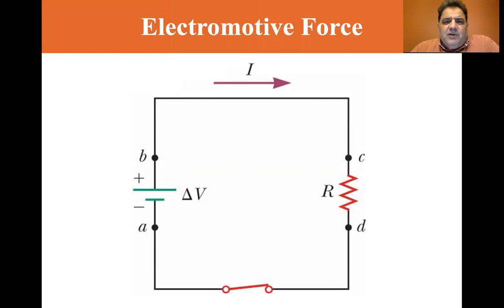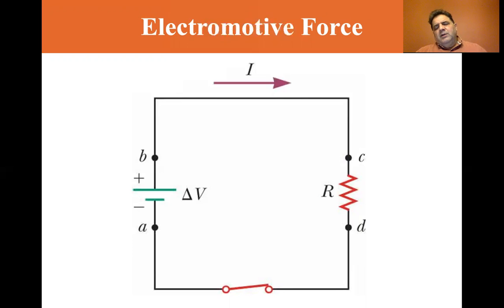So the electromotive force is kind of a misnomer. We're just going to call it EMF. It's the voltage source that you have. So if you hook up a voltage source in series with a resistor, you flip the switch, you get a current. Now, conventionally, we show the current coming out of the positive battery terminal, but what is really happening is electrons are coming out of the negative battery terminal.